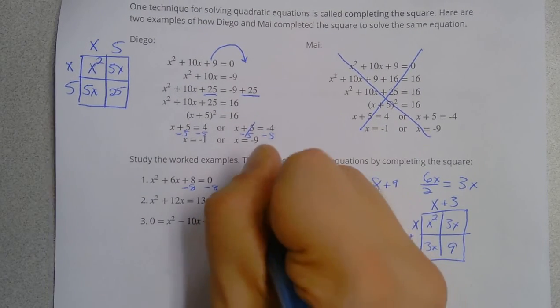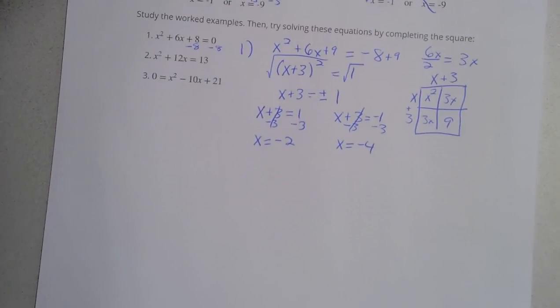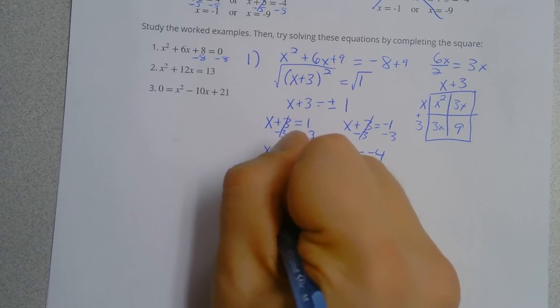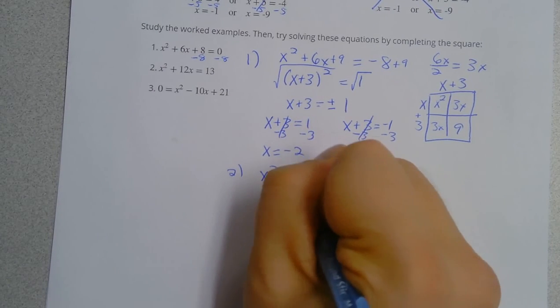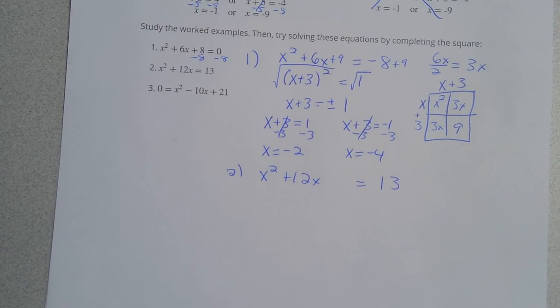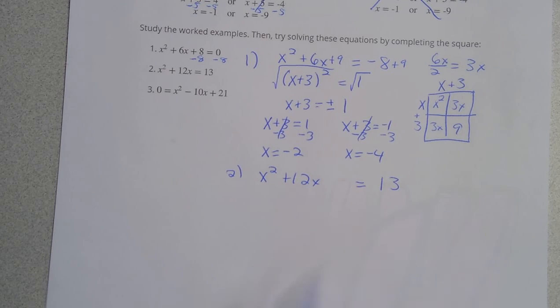So that was number 1, and we solved for those 2 answers. Let's work out number 2. So we have x squared plus 12x is equal to 13. Now we're going to split that into 2 equal parts. So I'm adding 6.